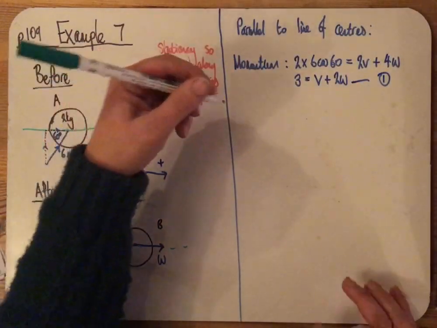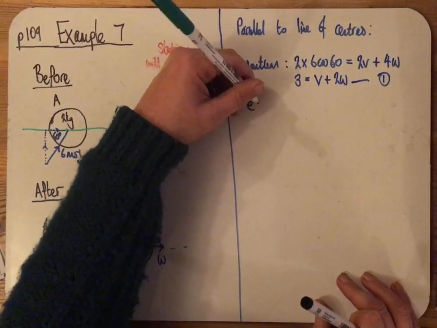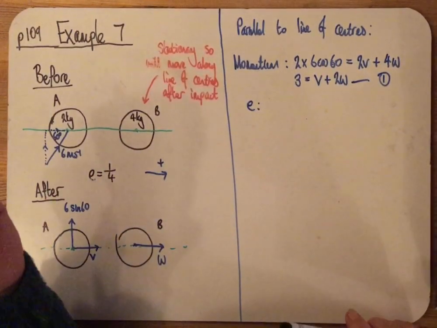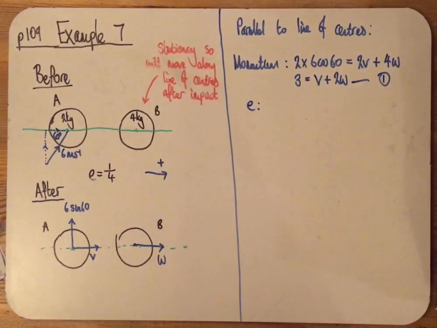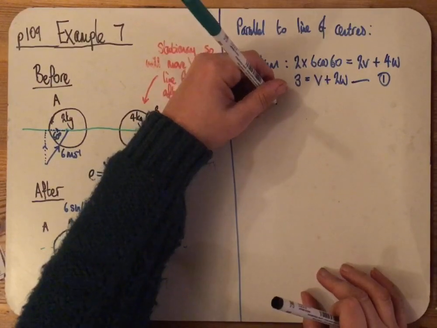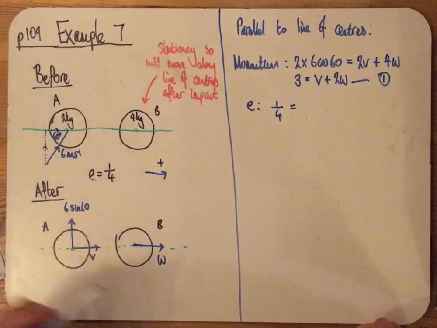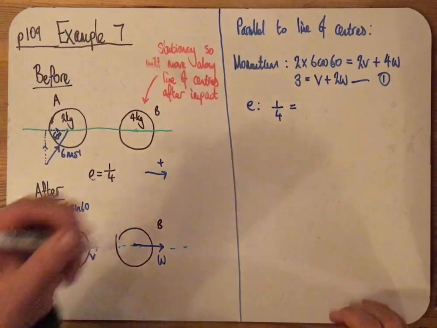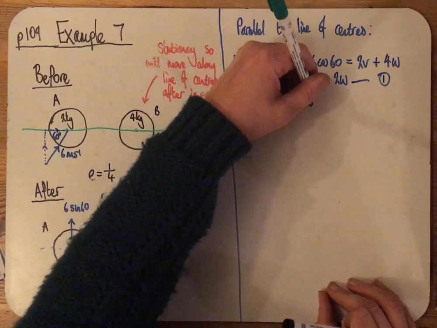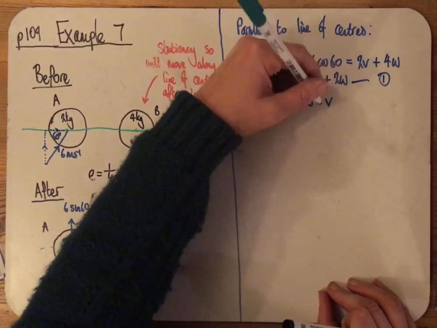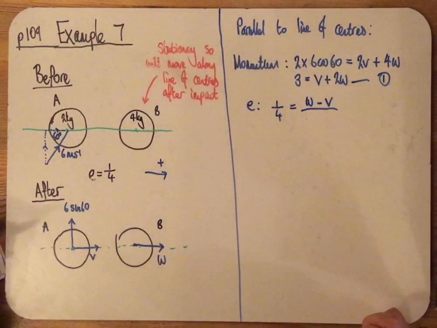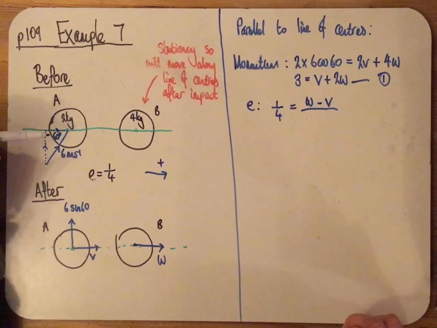And then restitution, just call that E if you want to. I get a bit lazy on those. So E is equal to 1/4. And that's equal to your separation speed, which is going to be W minus V, over the approach speed, which is going to be 6 cos 60.